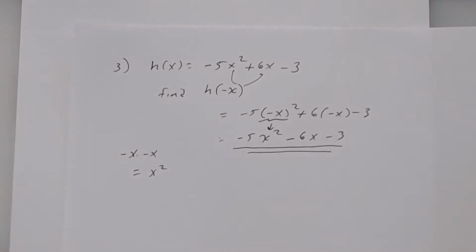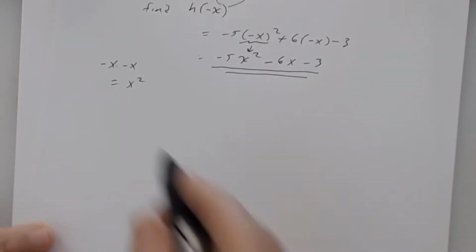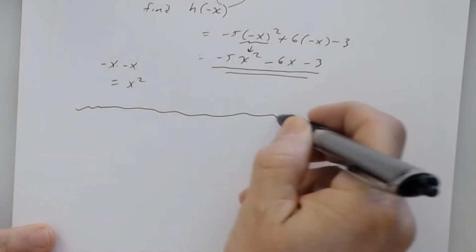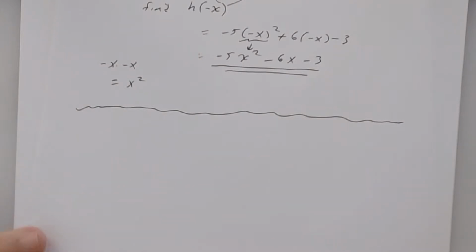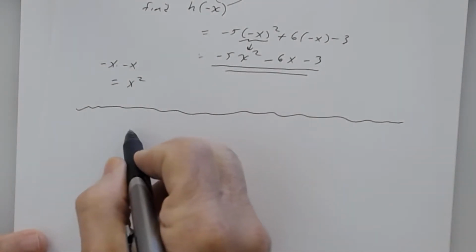So the difference quotient. Now, I'll give you the formula. You just need to know how to use it. And this formula is going to be important when you take calculus, either business calculus or regular calculus. But here's the difference quotient.